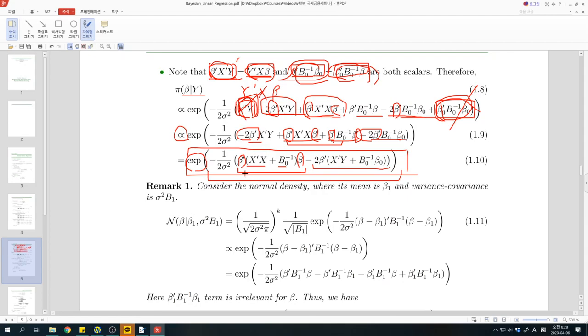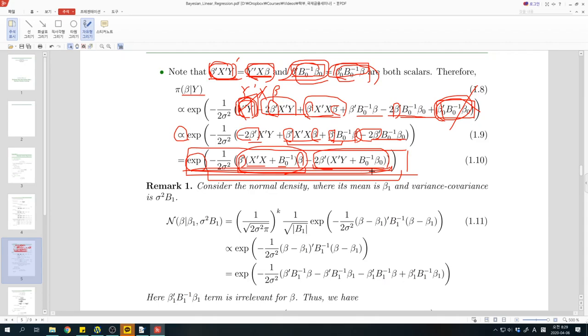You see a quadratic term of the random variable, and then a linear term of the random variable. This is sort of the quadratic form, right? Are you familiar with this form?